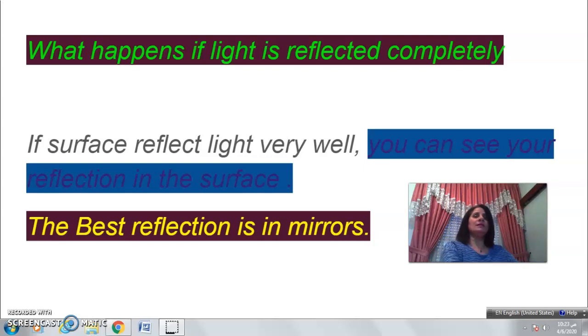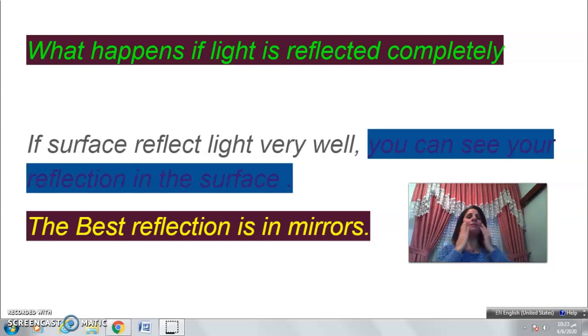If the surface in front of you reflects light very well, you can see your reflection in the surface.